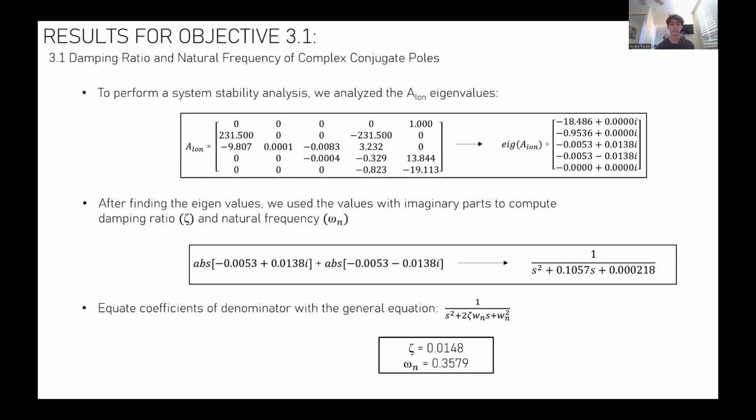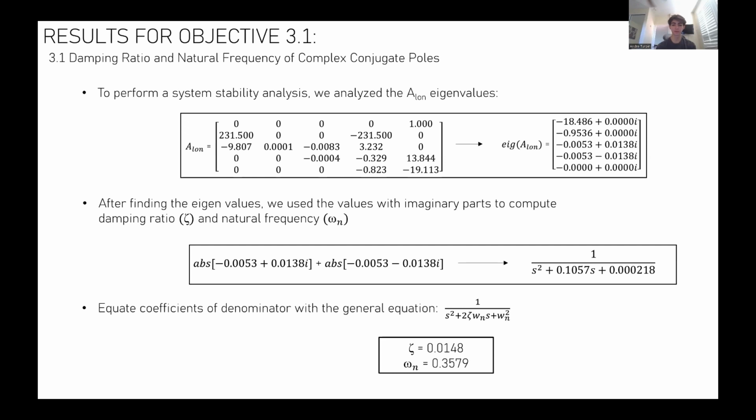So once we had these eigenvalues that had imaginary parts, we used those as poles to work back to a transfer function, which leads us to have 1 over s squared plus 0.1057 s plus 0.000218.